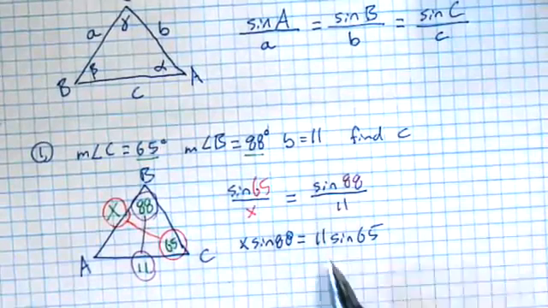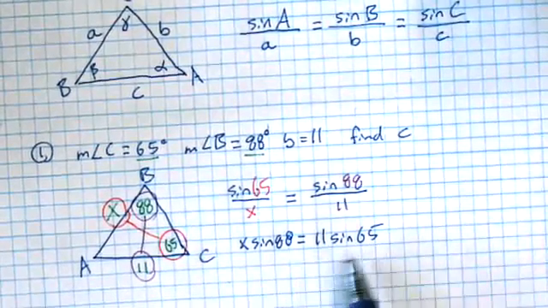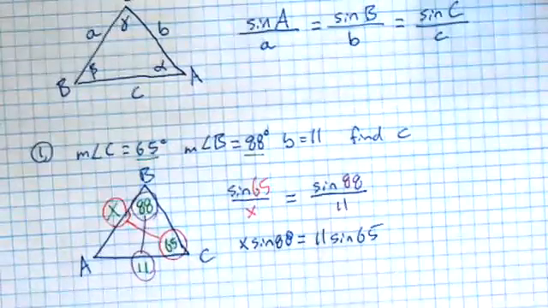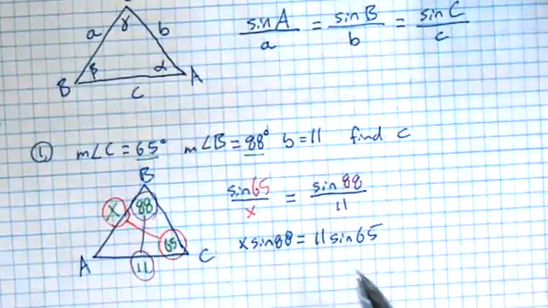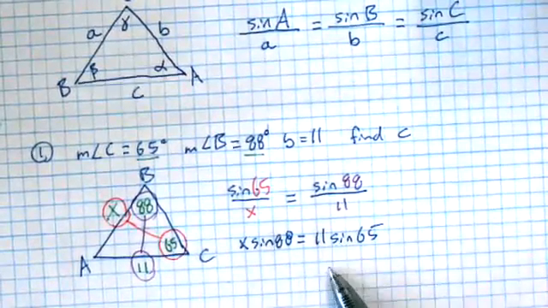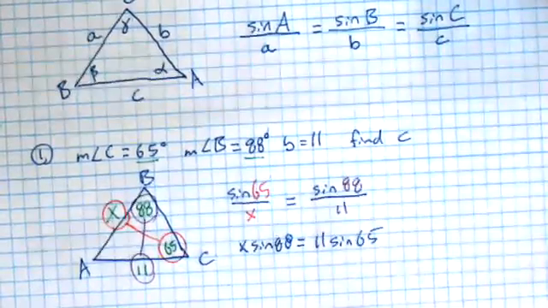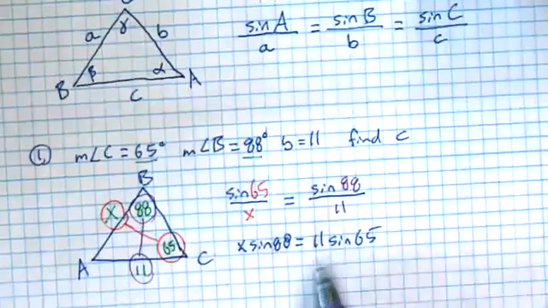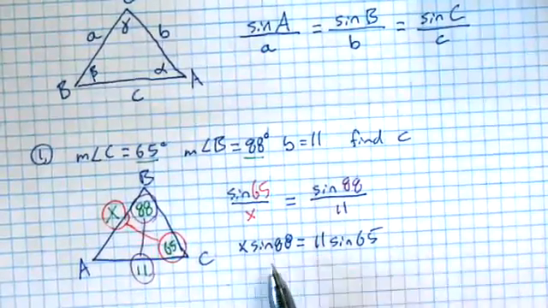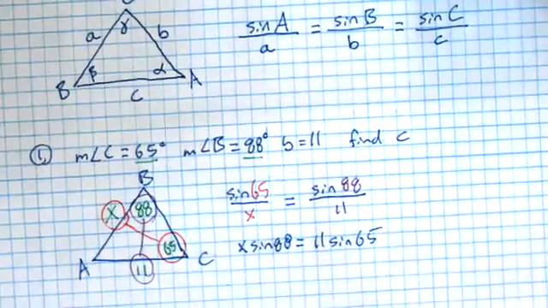In other words, don't type 11 sine 65 into a calculator and tell me that that's 7.2 or something like that, and use that 7.2. Leave it alone. You get to use your calculator one time per problem, and that's it. The reason is you don't want to round this off to a decimal because that's going to cause errors as you use that number over and over again.